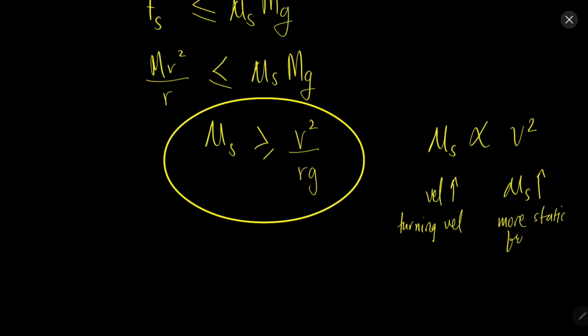So if you want to turn with a higher velocity, the friction between the tire and the road must be high, otherwise you will slip outside. Obviously there is a limit to the static friction between the tire and the road, because if the friction is huge, the tires will get damaged quite quickly.